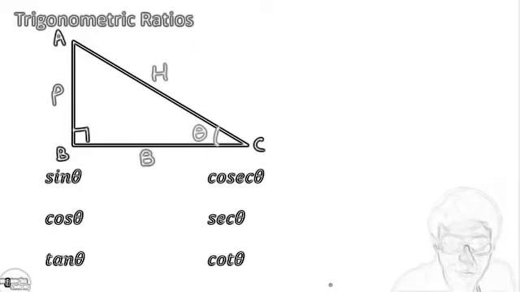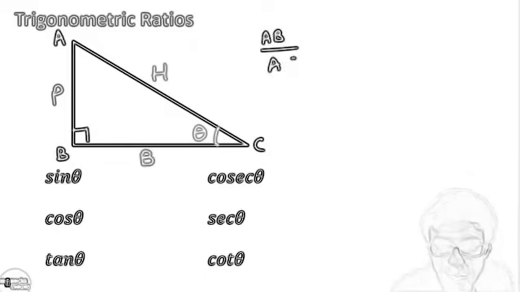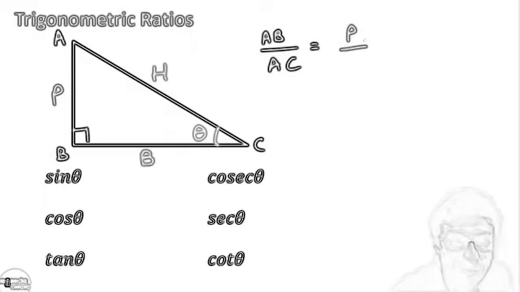So if we take the ratio of the perpendicular by the hypotenuse, P by H, right? Let's say I'm taking the ratio AB, which is the perpendicular here, by AC, and that's going to be perpendicular by the hypotenuse.